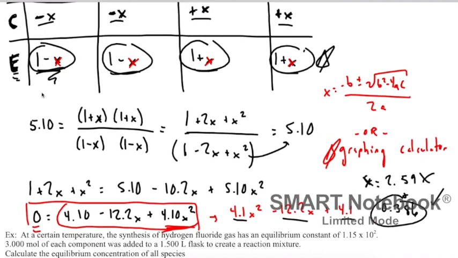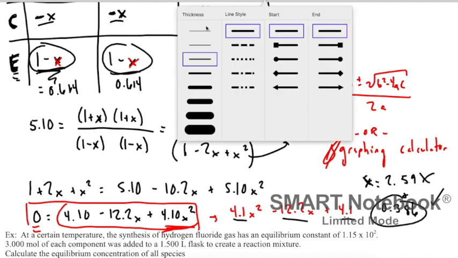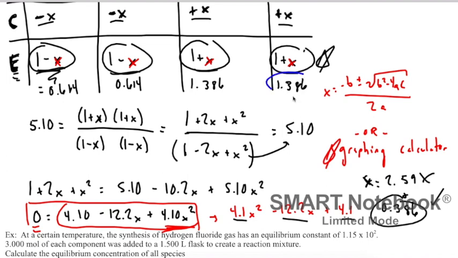So 1 minus 0.386 is 0.614. 1 plus X, of course, will be 1.386. And there it is, your very first ICE table to solve equilibria concentrations.